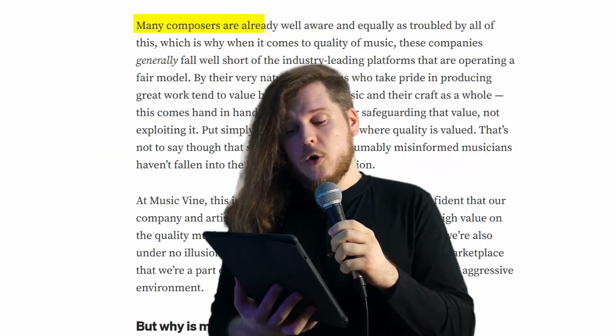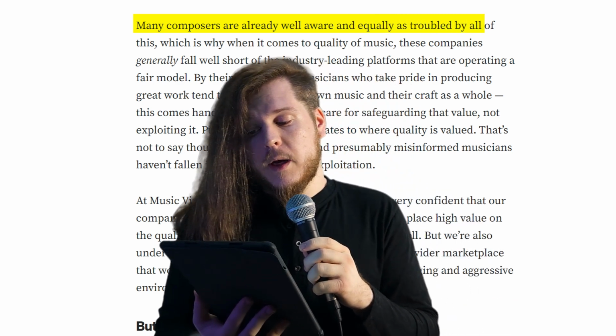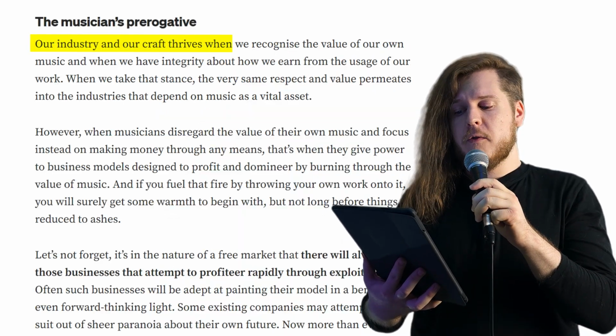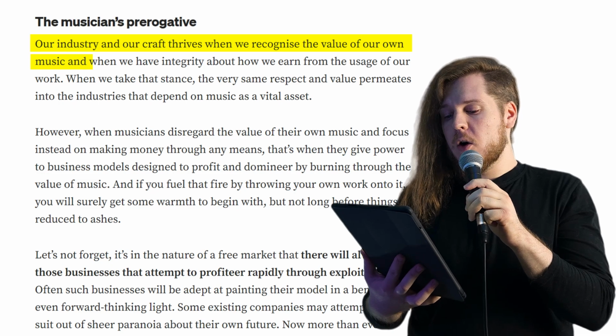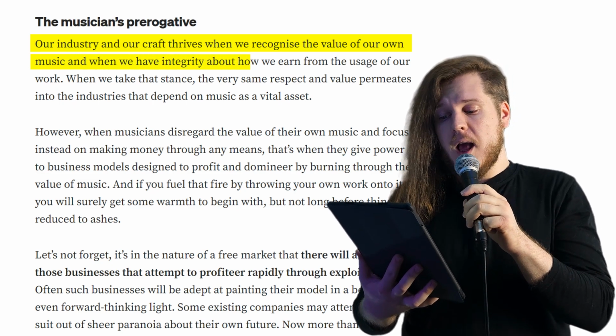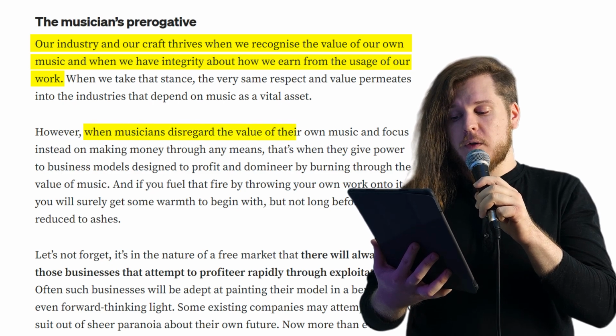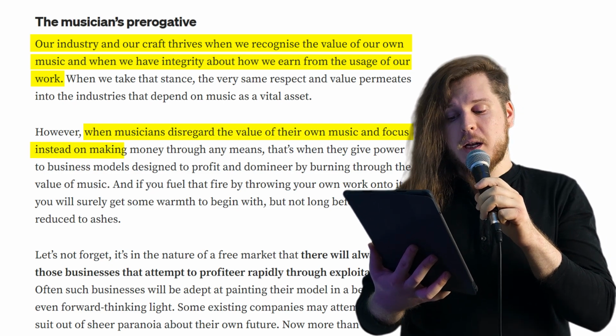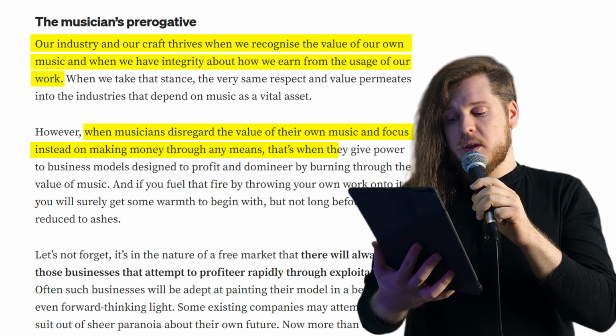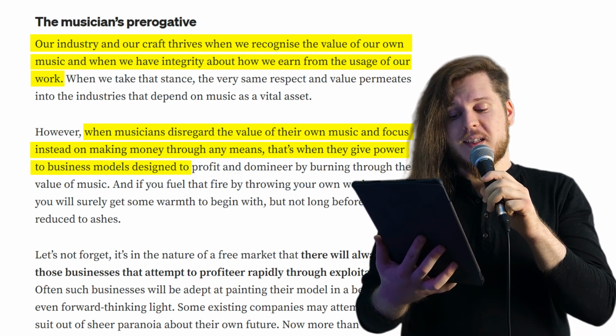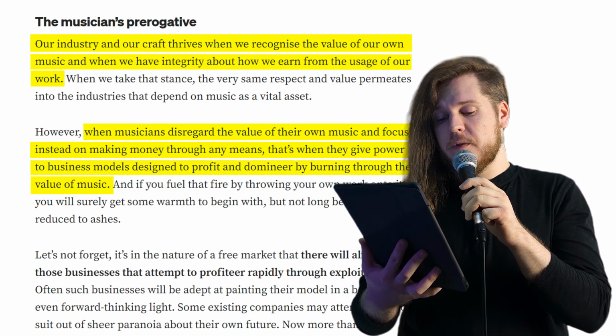Many composers are already well aware and equally as troubled by all of this. Our industry and our craft thrives when we recognize the value of our own music and when we have integrity about how we earn from the usage of our work. When musicians disregard the value of their own music and focus instead on making money through any means, that's when they give power to business models designed to profit and domineer by burning through the value of music.